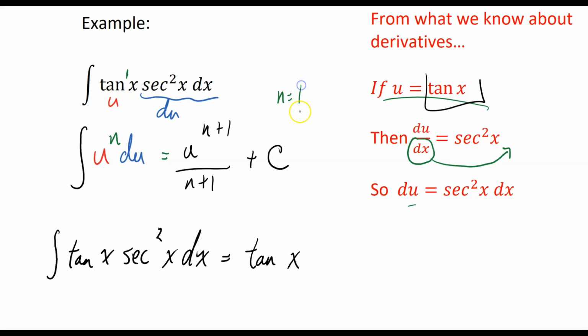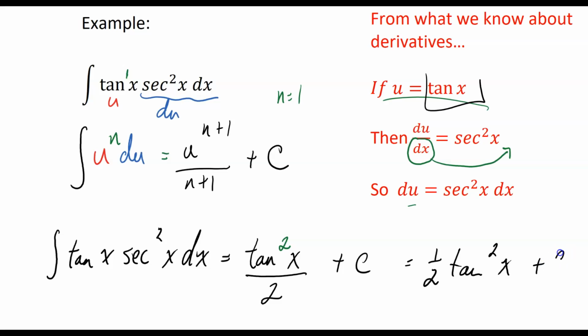N is equal to 1, so now it's going to be raised to the power of 2. And we have to put it all over n plus 1, which is 2, plus the constant of integration. This could also be written as 1/2 tan squared x plus c.